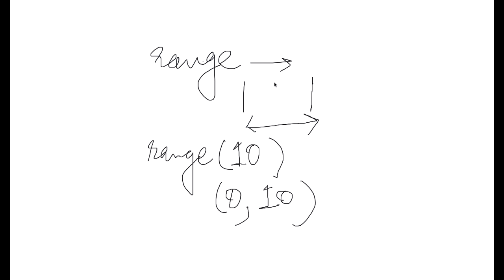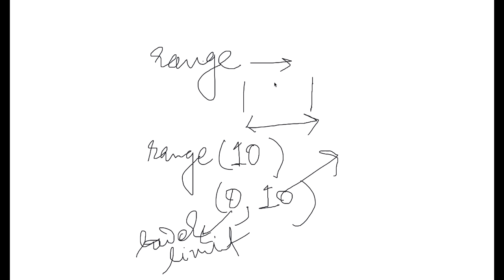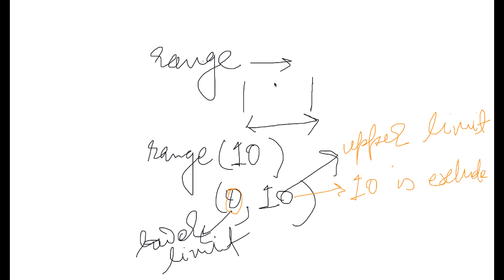But the important thing here is that this is the lower limit, and this is the upper limit. When the range is 10, it gives 0 to 10, but 10 is excluded. 10 is always excluded.